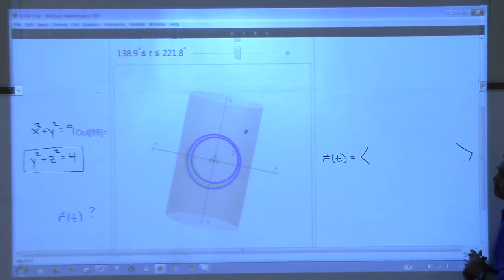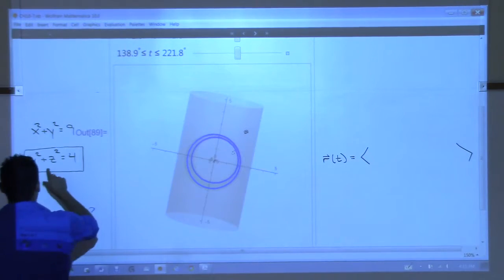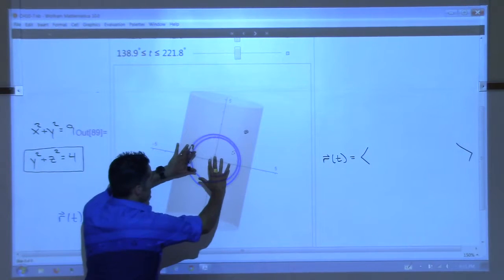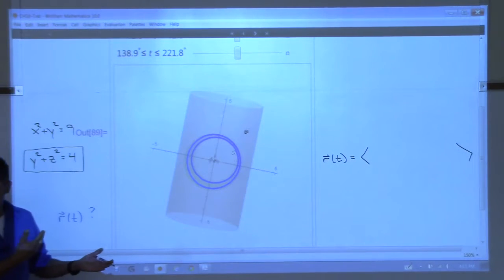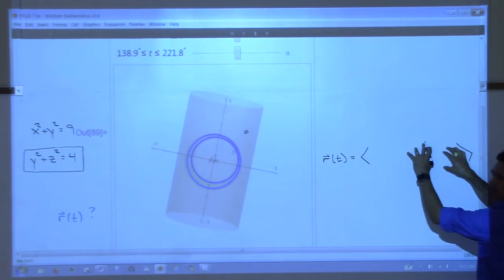To draw a circle in the yz plane, my x is free, and so I'm only going to be working with the y and z components.